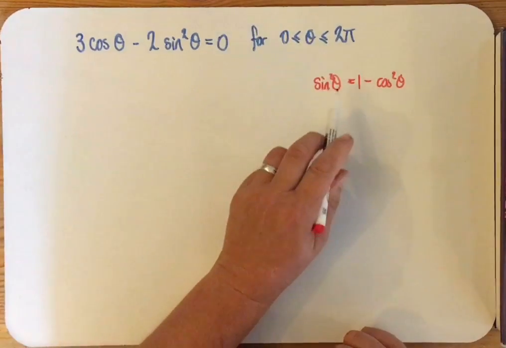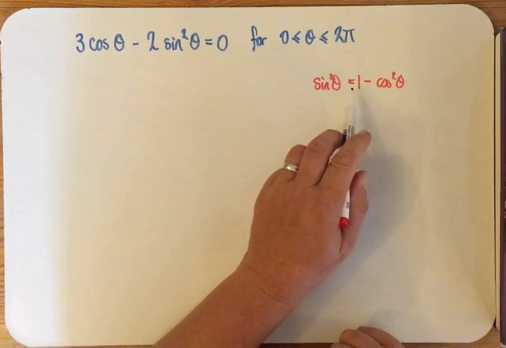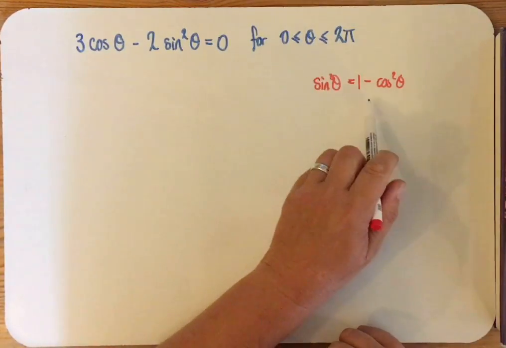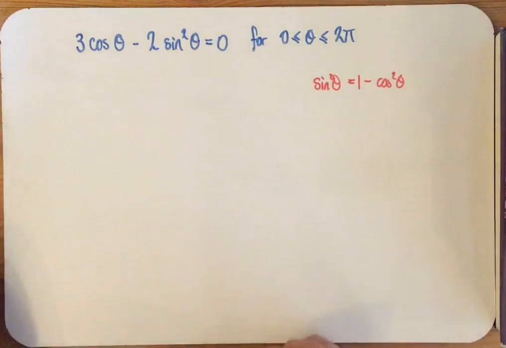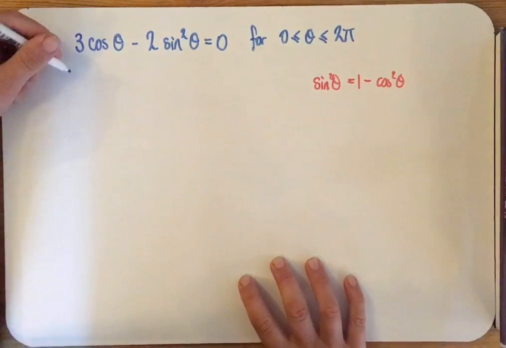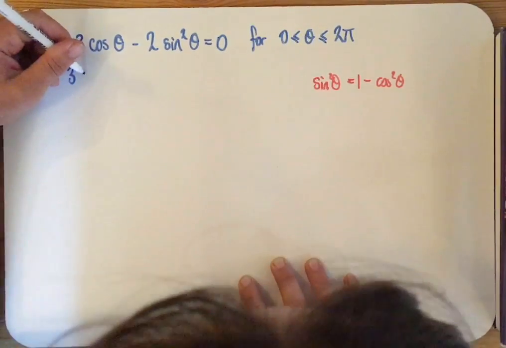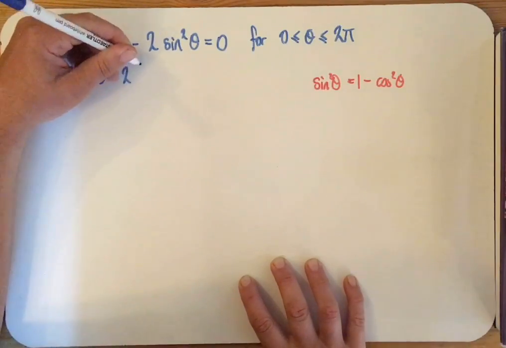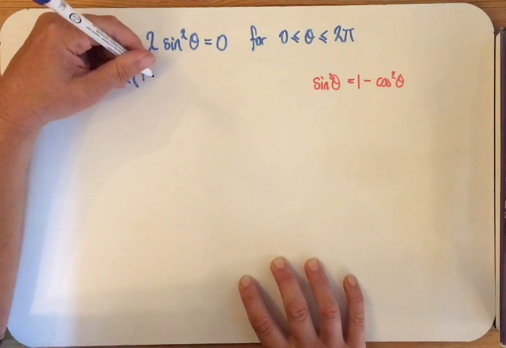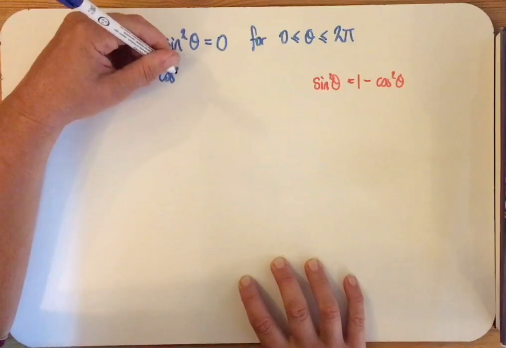Remember, you can't just square root, you can't split a root over plussing or minusing. You can only convert the one that's been squared, so just be careful with that.